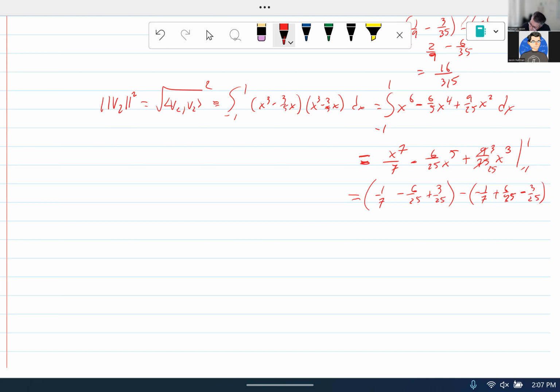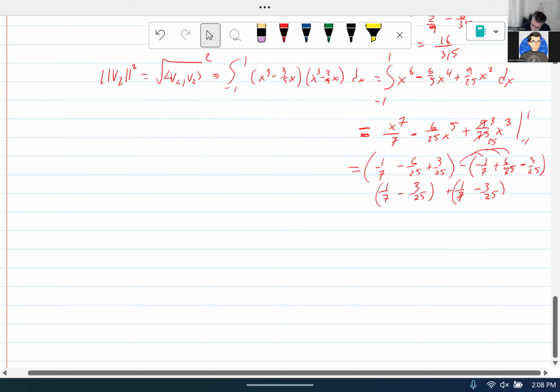Right? So if we distribute the negative sign and combine, this becomes 1/7 minus 3/25, and this becomes plus 1/7 minus 3/25.